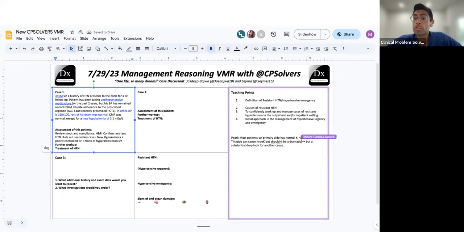We've notoriously been taught that the ACE or ARB needs to be held. In fact, that's not true anymore. Most recent studies have shown that you can still order a renin and aldo level, and a patient already being on an ACE or ARB does not interfere as much as we once thought it did.